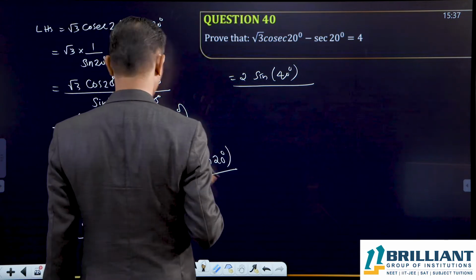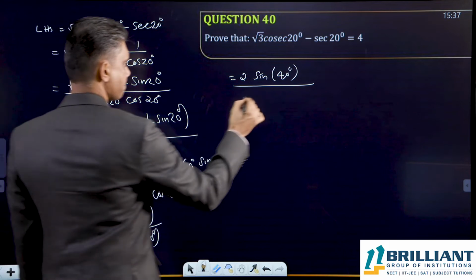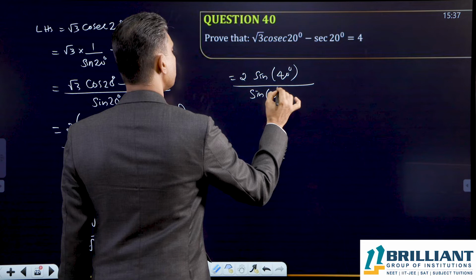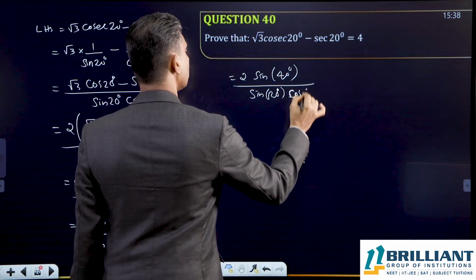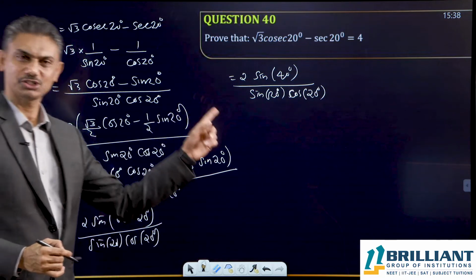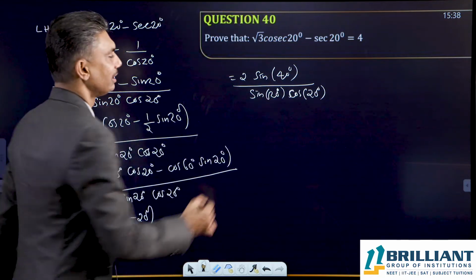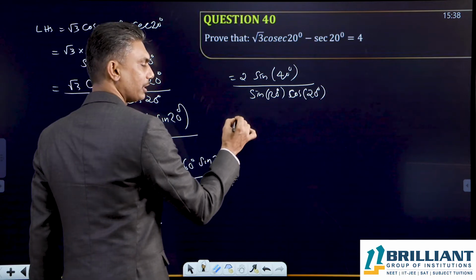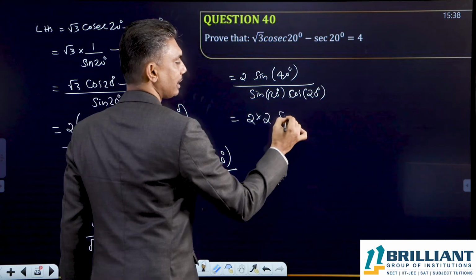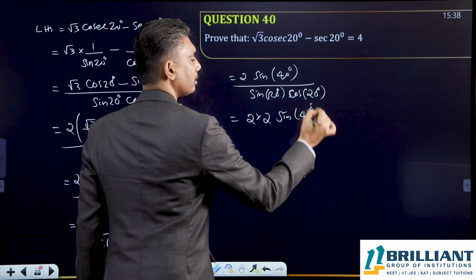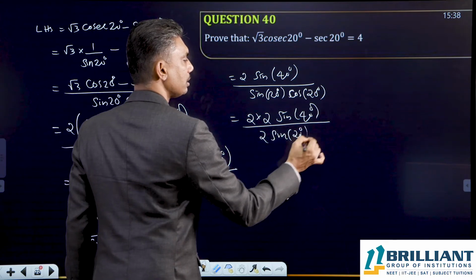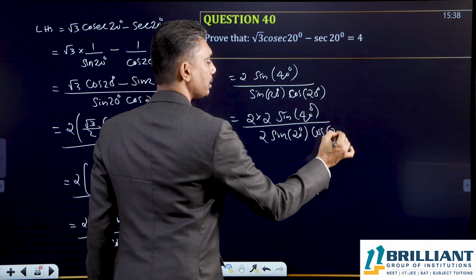I can make this as one more step here, sin 20 into cos 20. Either you can do one more step or you can split this, or you can rewrite this as 2 into sin 40 by 2 into sin 20 into cos 20.